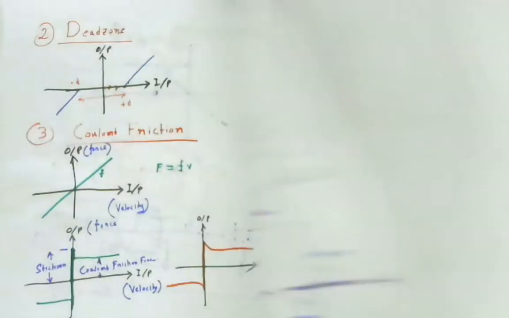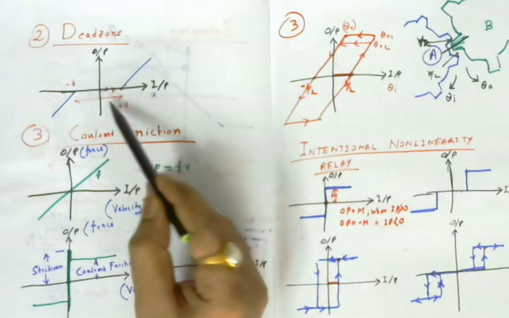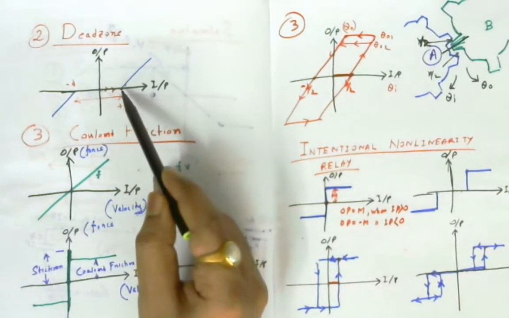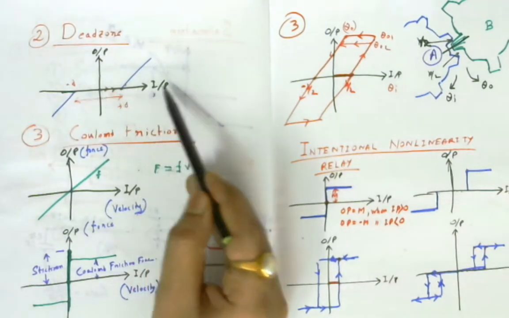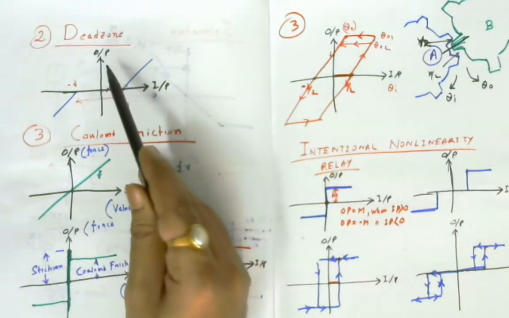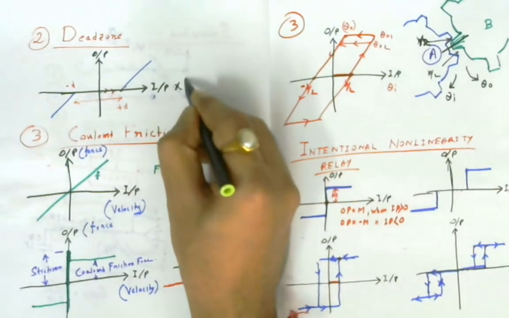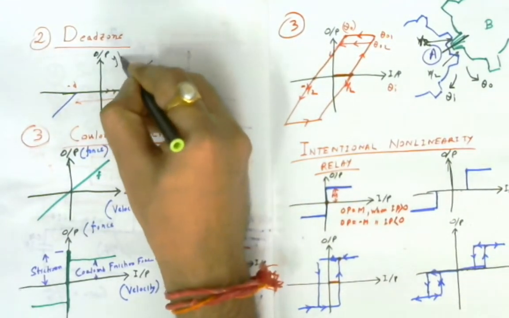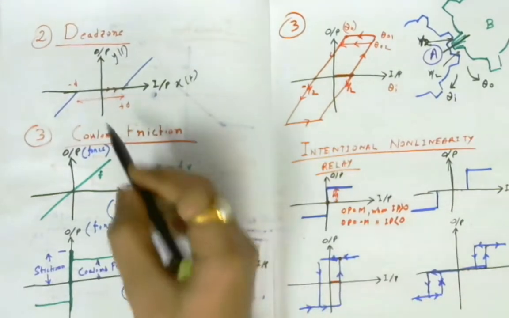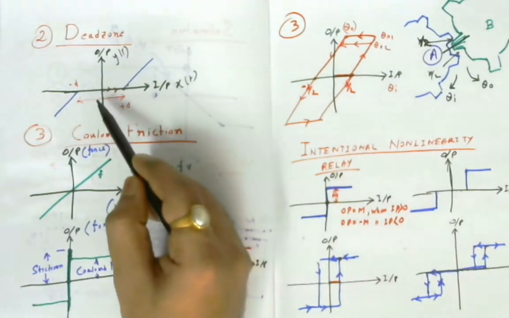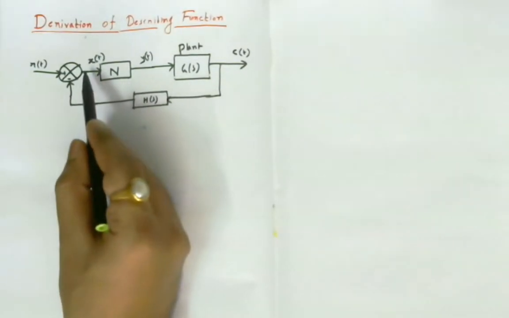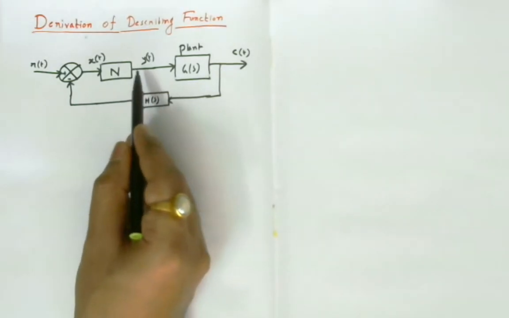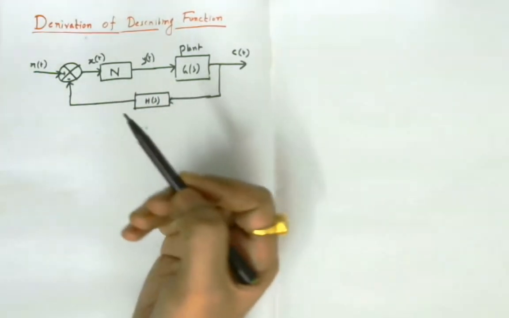Previously, when we studied the characteristics curve, it also denoted the nonlinear element, where the input is the x-axis and the output is the y-axis. So if you represent any nonlinear element by a characteristics curve, x is the input and y(t) is the output. In this case also, in the block diagram, x(t) is my input to the nonlinear element and y(t) is the output from the nonlinear element.